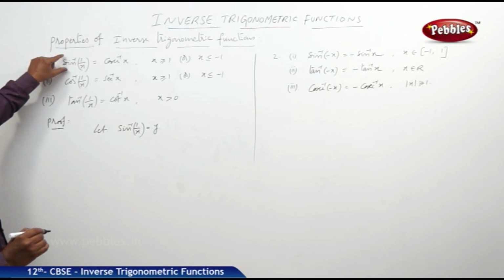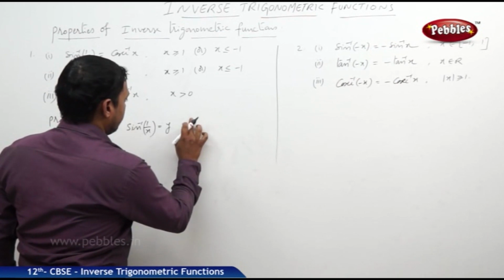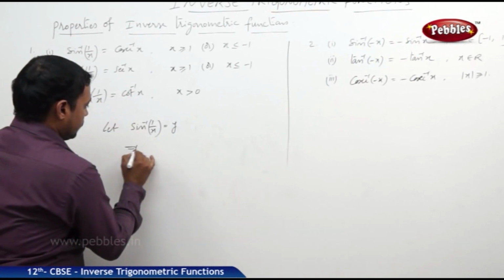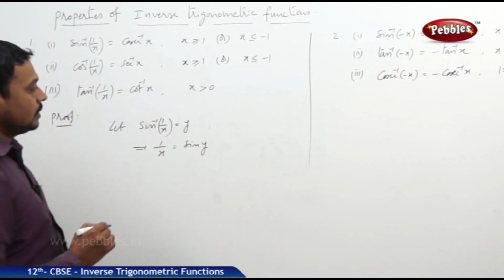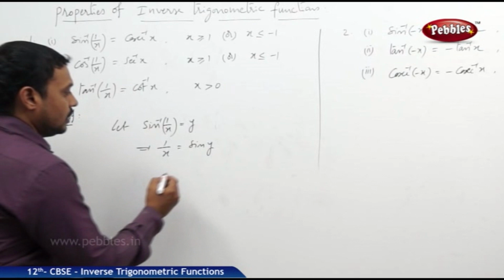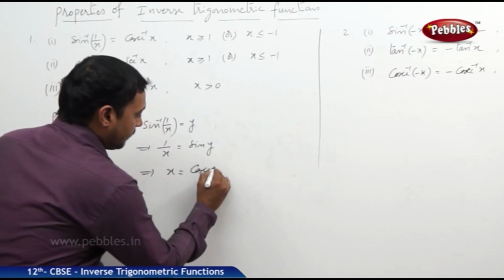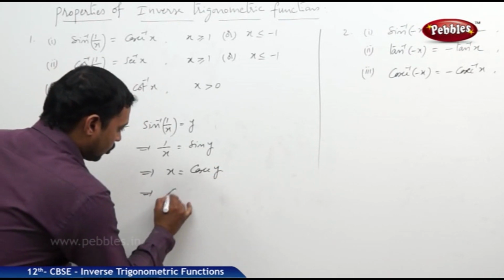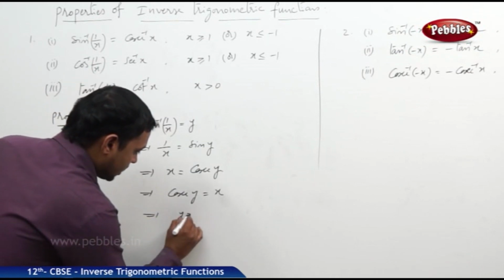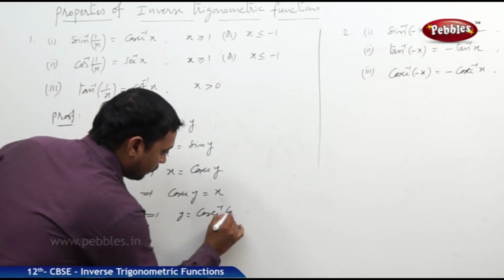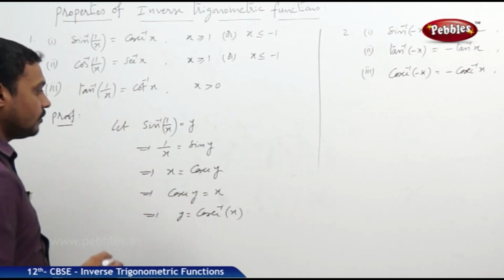This implies 1 by x is equal to sin y. While taking the reciprocal, x is equal to cosecant y. Therefore, cosecant y is equal to x. Hence, y is equal to cosecant inverse of x.